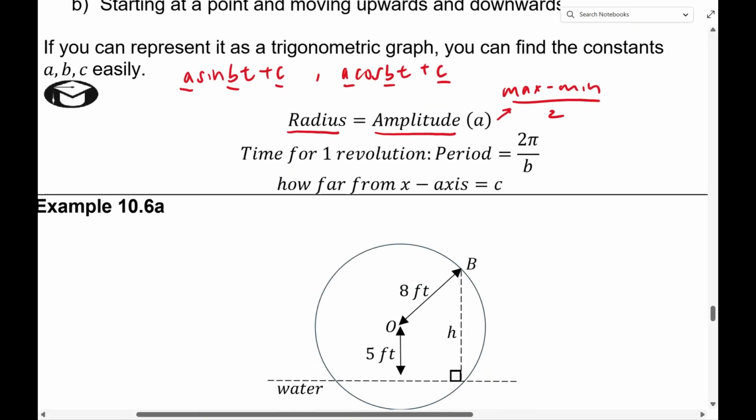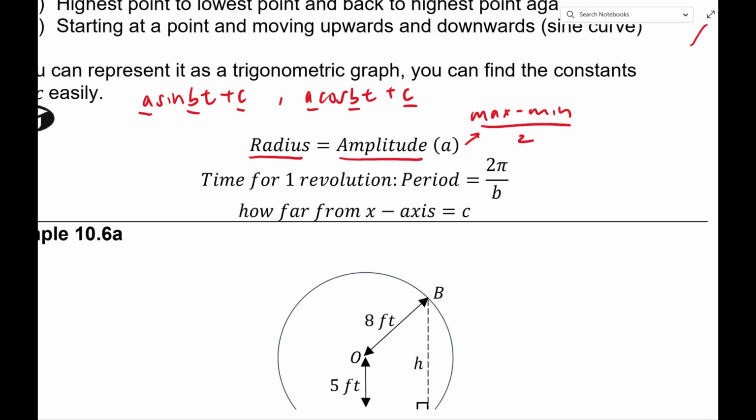Secondly, to get your b, it will be identified in the question as time for one revolution or time for one cycle or anything along that meaning. Now this time for one revolution will also be known as the period, and you'll use this formula: period equals 2 pi over b, and therefore b equals 2 pi over the period.